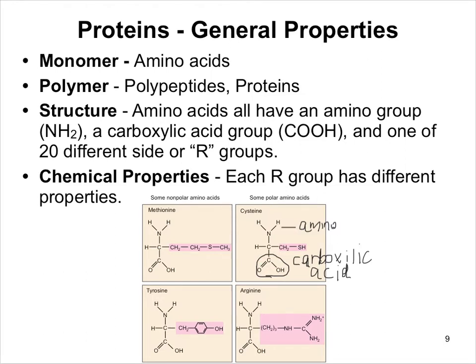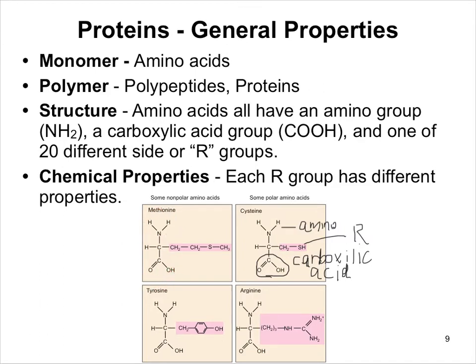In the middle is a linker carbon. And then off of that linker carbon on one side is a hydrogen, and on the other side is what's called an R group. So this right here is the R group. Note that all of these amino acids that you see here, everything is the same except the R group.